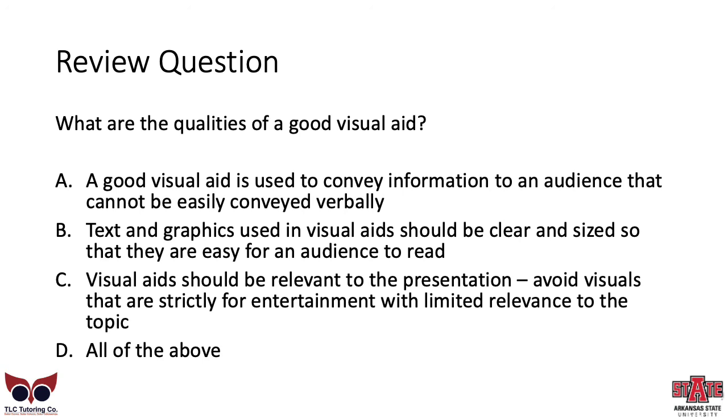It's also important to teach them about color contrast between texts and backgrounds. Those things can make a huge difference in the quality of the visual aids that they use in their presentations. Finally, visual aids should be relevant to the presentation. Avoid visual aids that are strictly for entertainment with limited relevance to the topic.